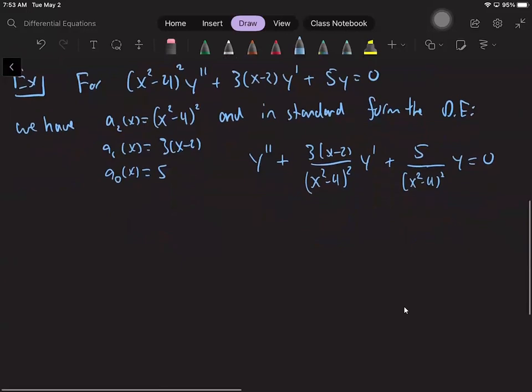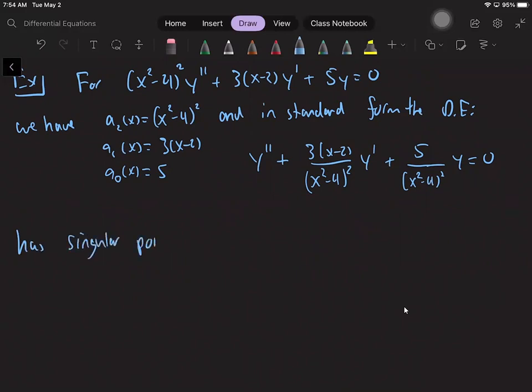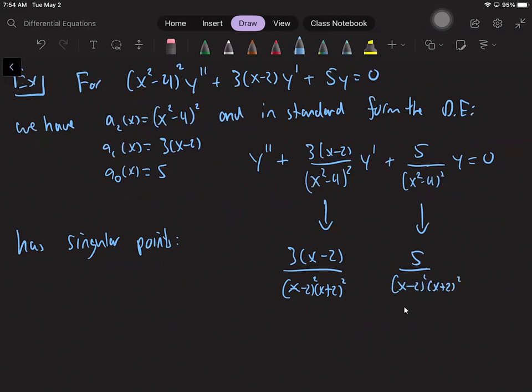So now where are the singular points? Well, if I just factor out the denominators, oops. Actually, I should factor out everything, but everything else is already factored out. But x squared minus 4 is x minus 2, x plus 2. Now they're both squared. Then what I'm looking at is, where are these not analytic?